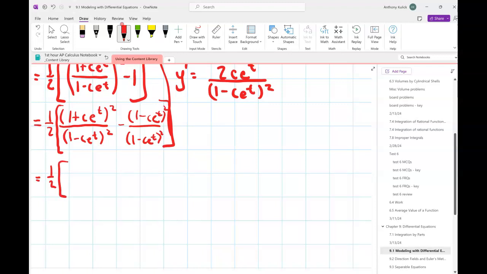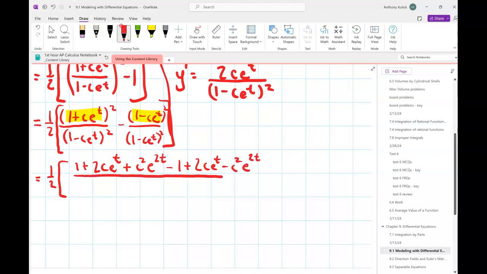Now I'm going to FOIL out the things in my numerator. So I'm going to FOIL that out and FOIL that out. Notice that I'm distributing the negative sign along the way, right?